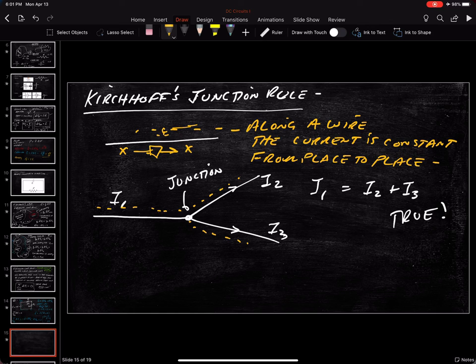Because again, they don't get stuck. They don't build up there. If any charges build up in this junction, it would just start pushing the charges out of that junction. And so, because of conservation of charge, we get the junction rule. So charges are conserved.